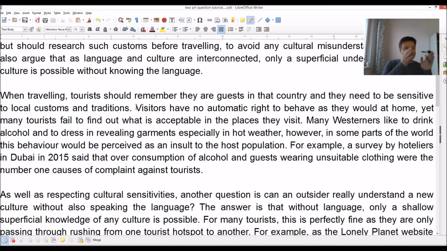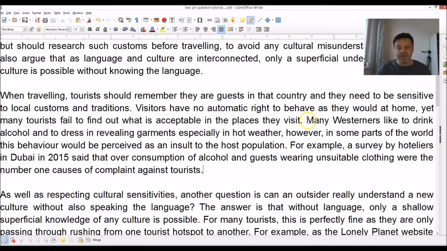Now, every sentence has to move the argument along a little bit. The criteria, which I'm not going to talk about again, says logical progression. This leads to this, leads to this, leads to that. So, visitors have no automatic right to behave as they would at home. Yet many tourists fail to find out what is acceptable in the places they visit.